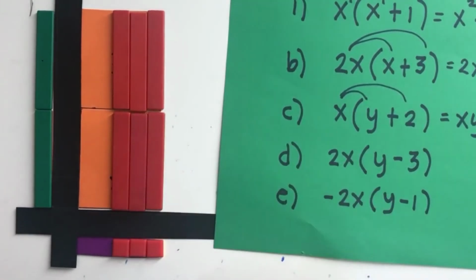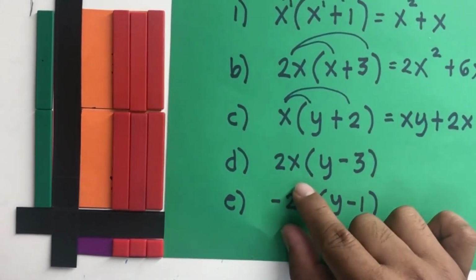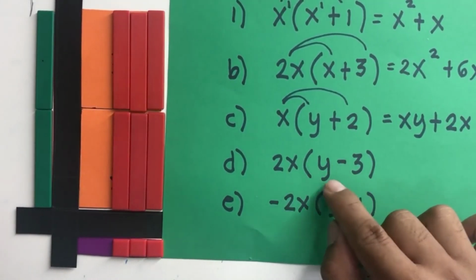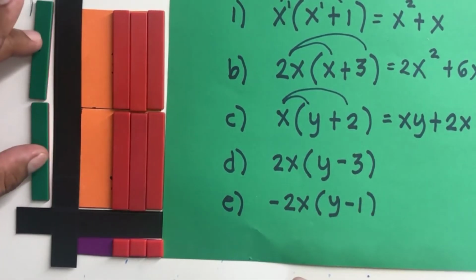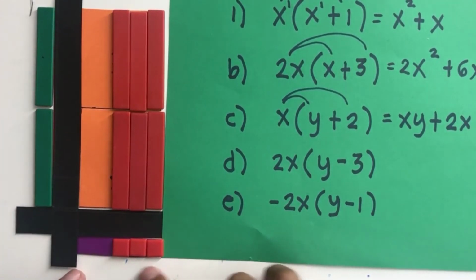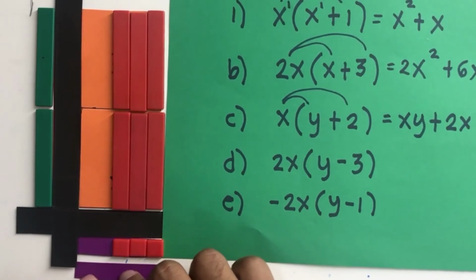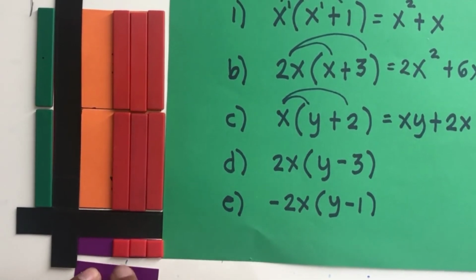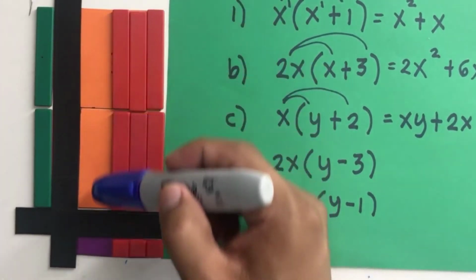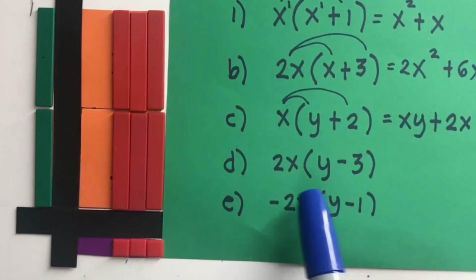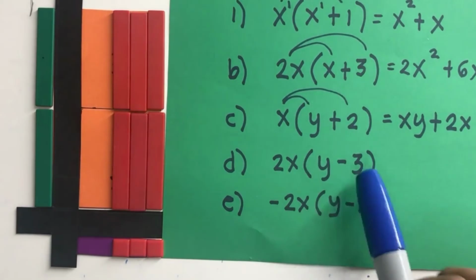So that's how we represent 2x times the quantity y minus 3. So this is 2x, y is the purple, but cut 3 units represented by that red. So this visible orange area is the product 2x times the quantity y minus 3.